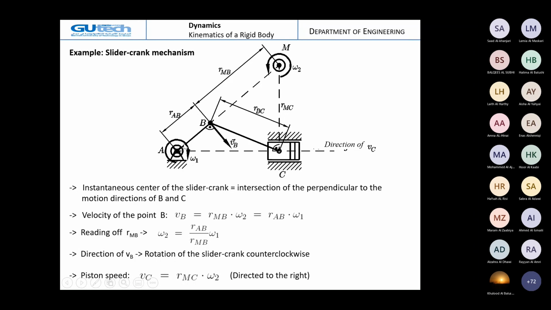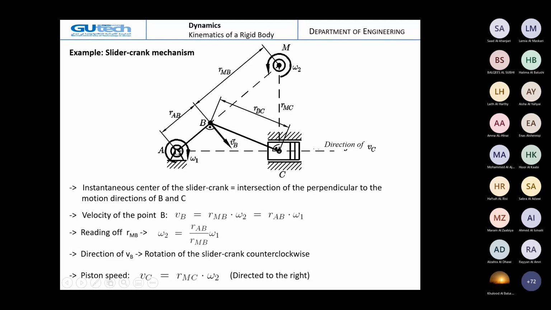This is the equation we get if we have two points. To get the velocity of the second point, we use the velocity of the first point plus the distance between the two points cross the angular velocity.